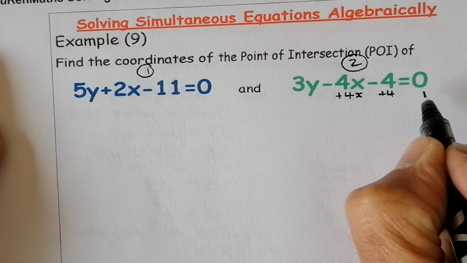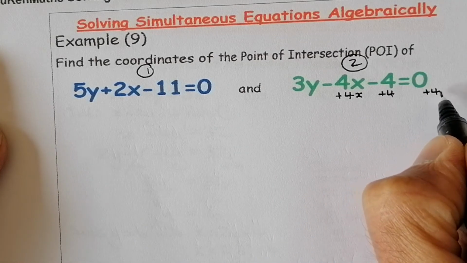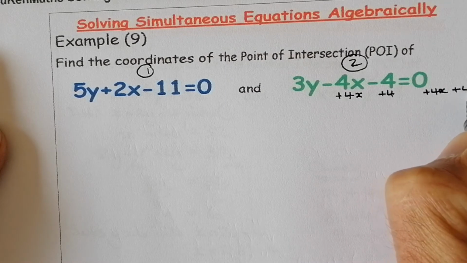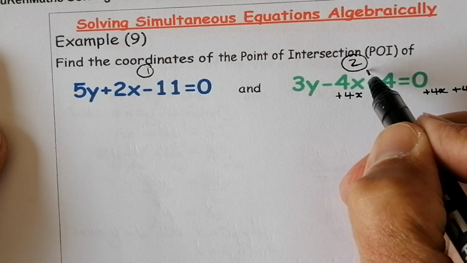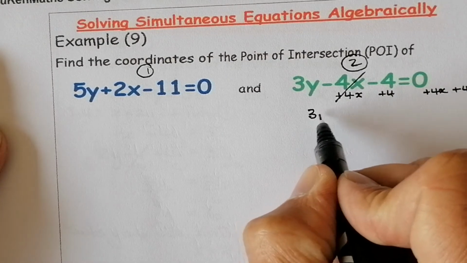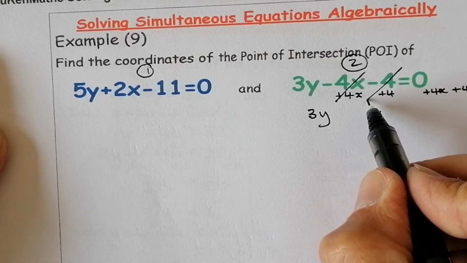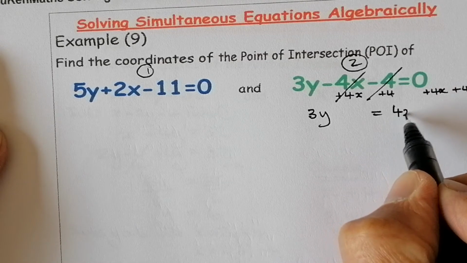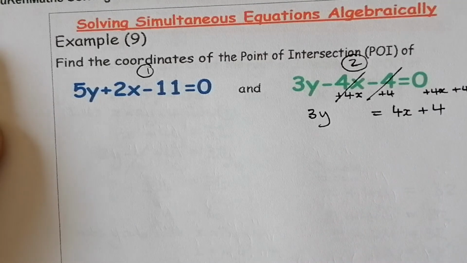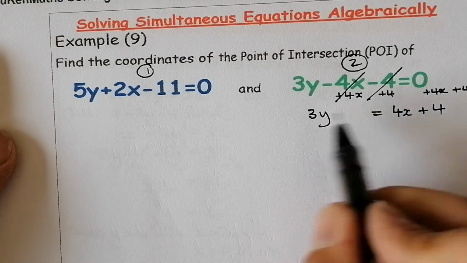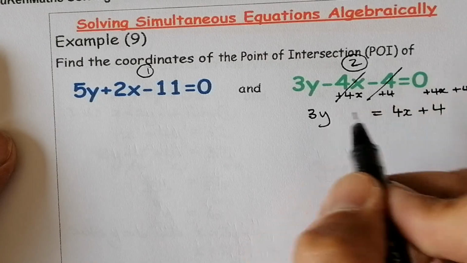So on the right hand side, I'm going to add on 4x, and I'm going to add on 4. And what that should do is eliminate that. So it leaves me with 3y is equal to, and that gets eliminated also, so that leaves 4x plus 4.